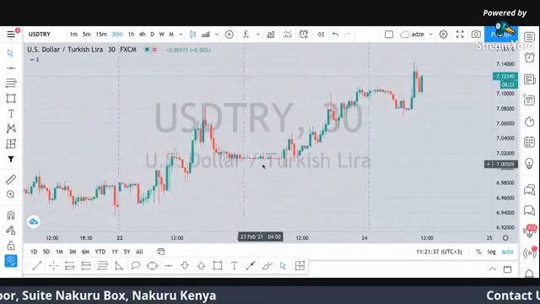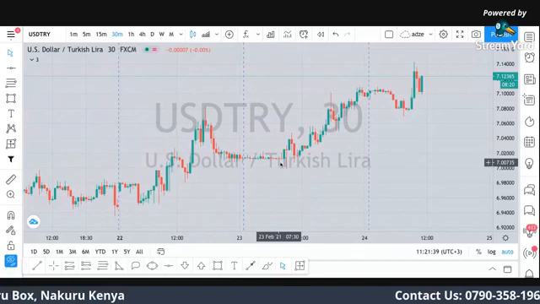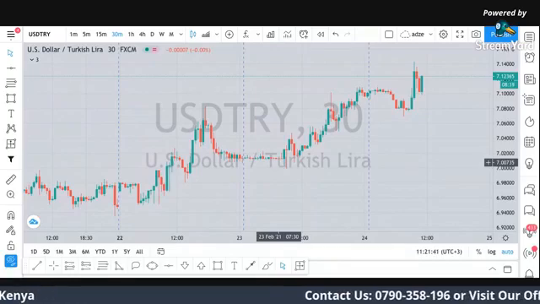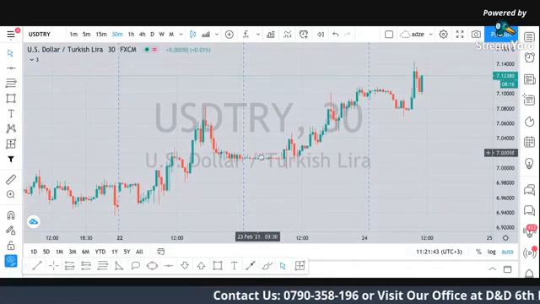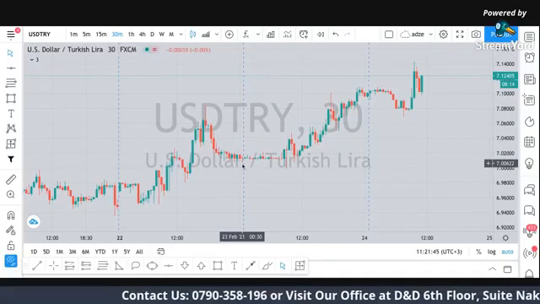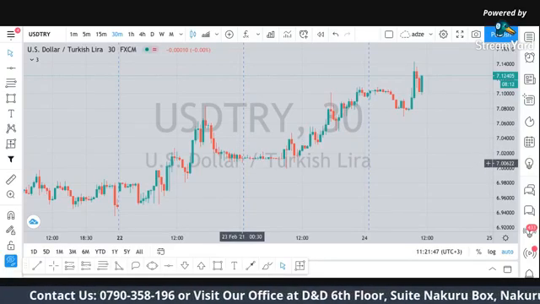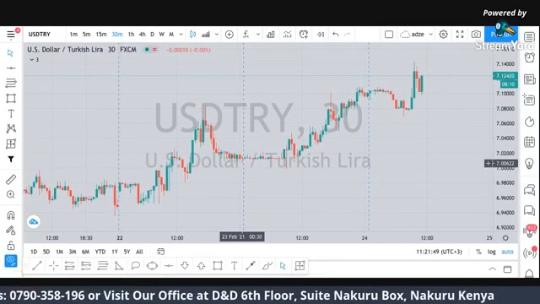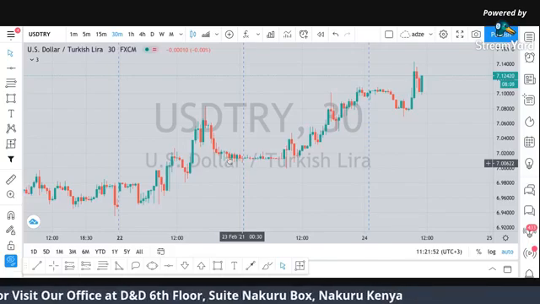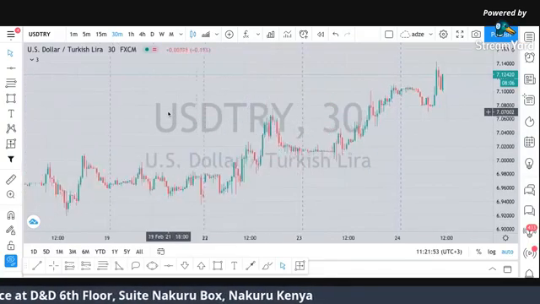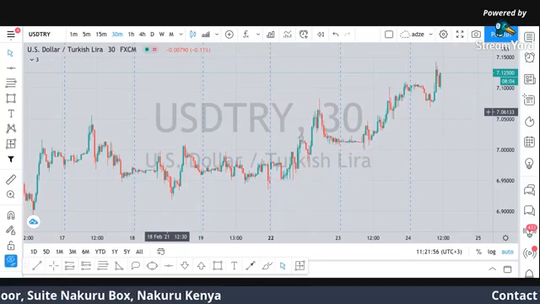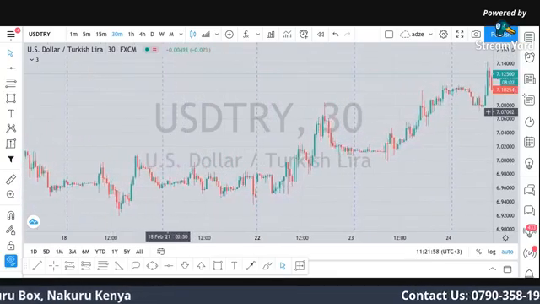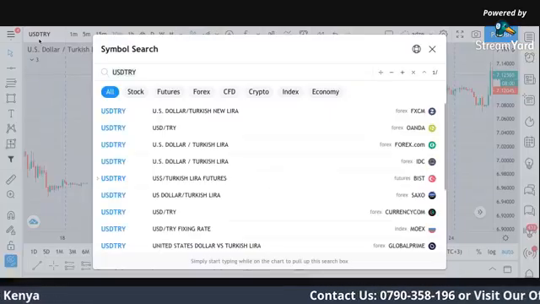You see, with a small movement like this, it's very difficult for you to make a prediction or speculation of where the market is heading. Therefore, with these pairs, some people are trading them, but they're not heavily traded because the liquidity is not as much as compared to the other pairs.